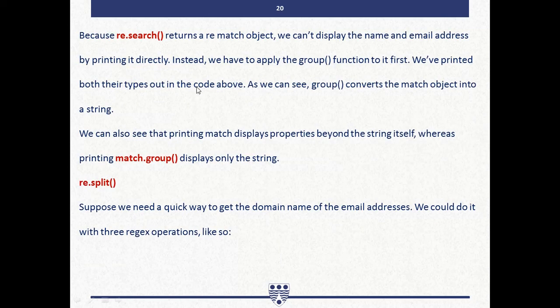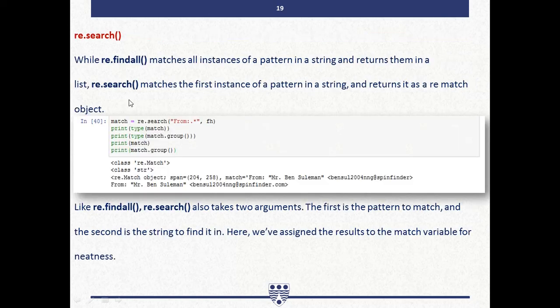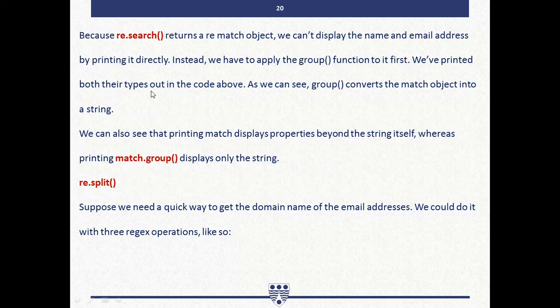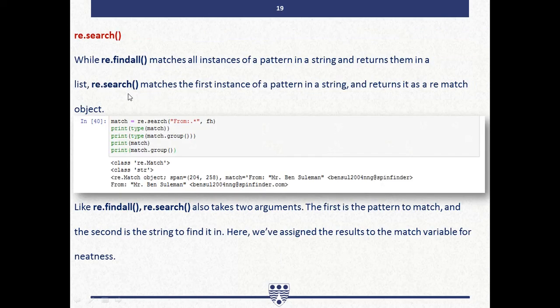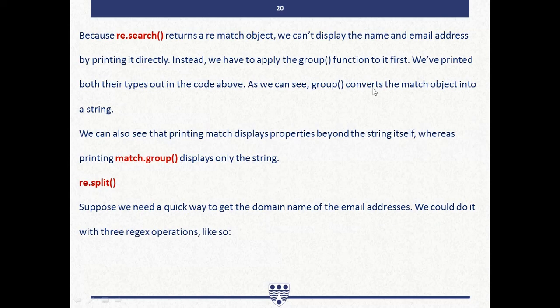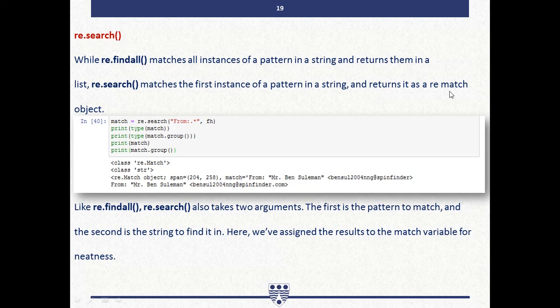So if you want to search for an email and you use the search function, it iterates through your corpus and gives you the first appearance of an email address, and returns it in a regular expression match. It tells you this matches in so and so line. So let's quickly look at how the search works.